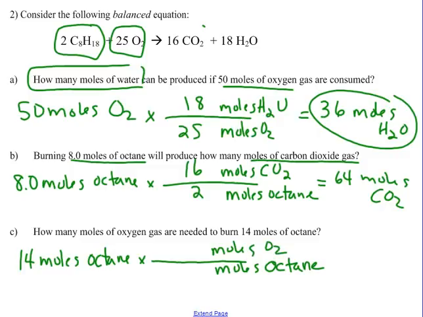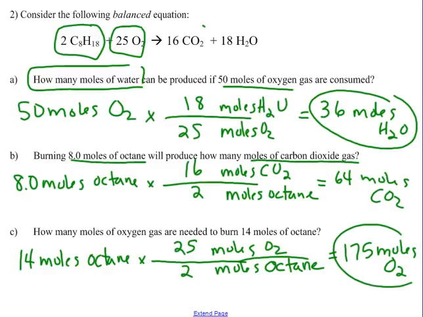Moles of O2 goes in the numerator. The coefficient for oxygen is 25, for octane is 2. So this is 14 times 25 divided by 2, which will give you 175 moles of oxygen.